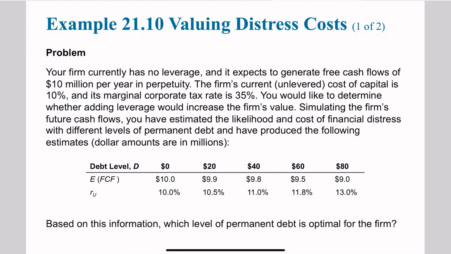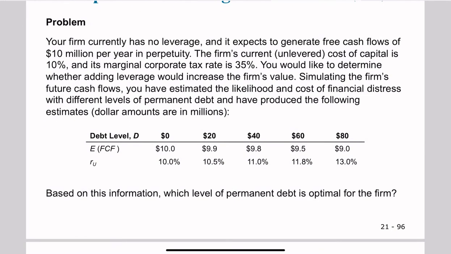Simulating the firm's future cash flows, you have estimated the likelihood and the cost of financial distress with different levels of permanent debt, and you have produced the following table. And the question is, what is the optimal level of permanent debt for the firm?